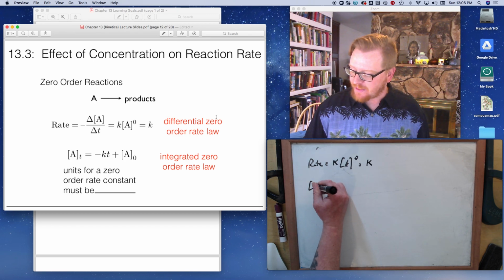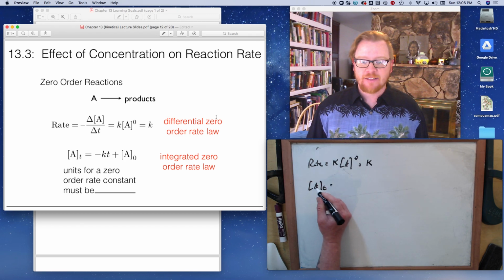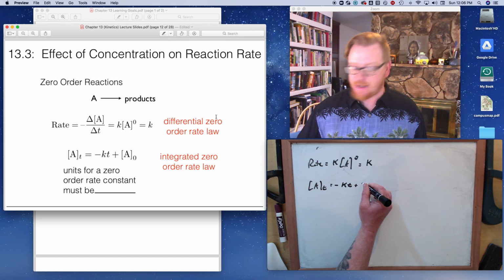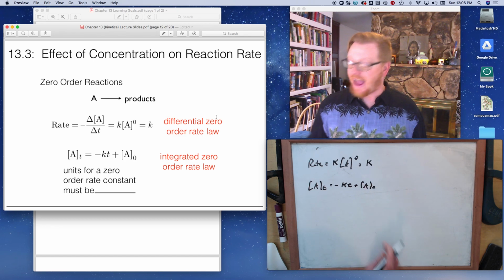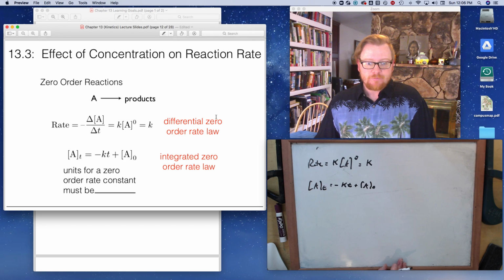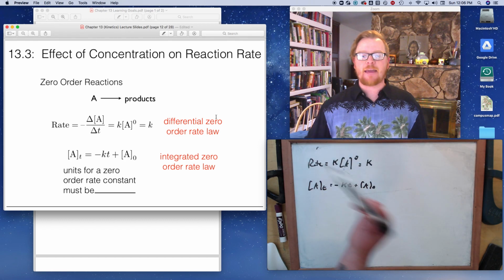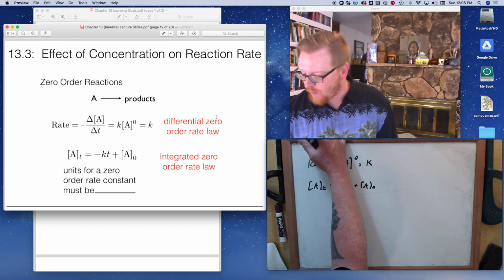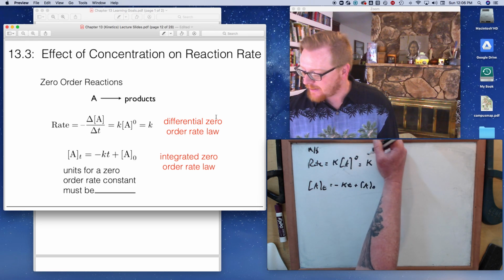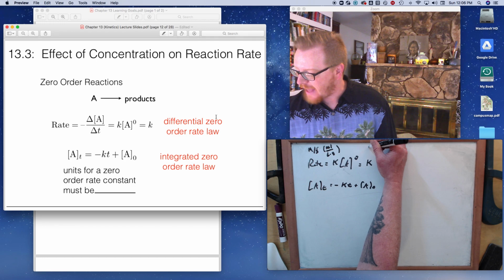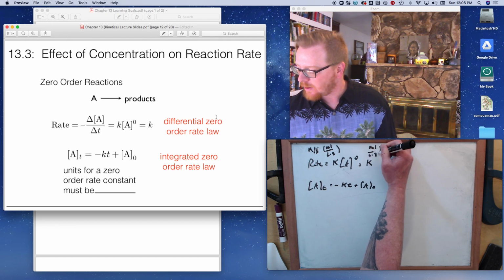To make the integrated rate law out of this, the concentration of A at any time equals negative kt plus the concentration of A initially. What that means is k has to just have the same units as rate. If rate is molarity per second or mole per liter per second, then k is also mole per liter per second.